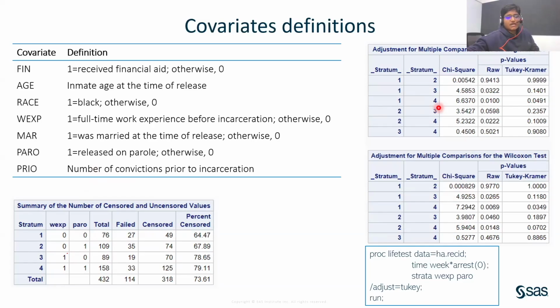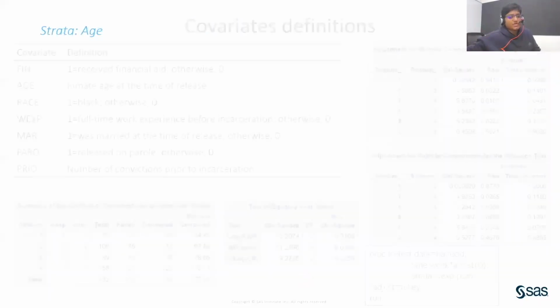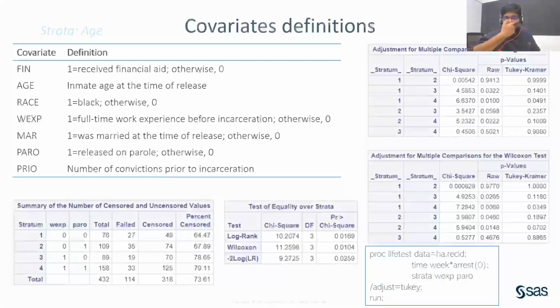So you are looking at which stratum is showing a significant difference and which is not. Here you would want to perform an equality test over the strata, and only after this go ahead and look at the stratum-wise differences.